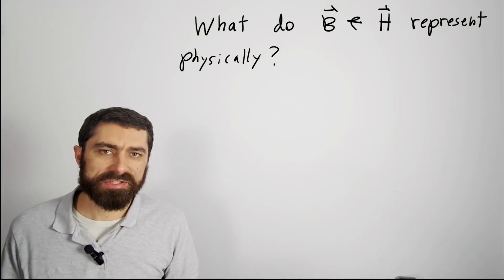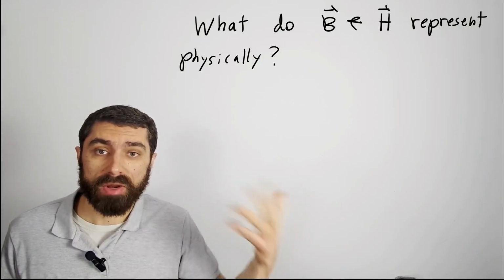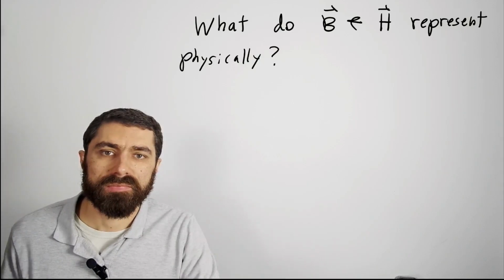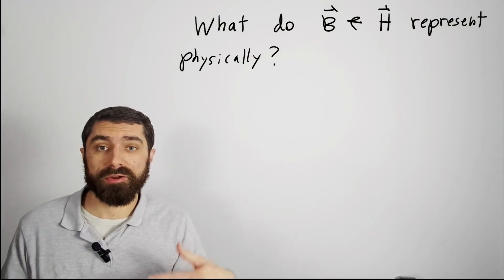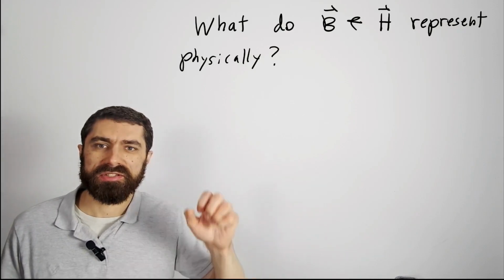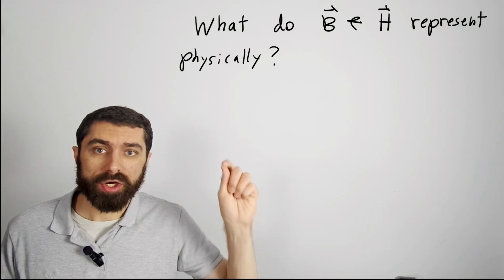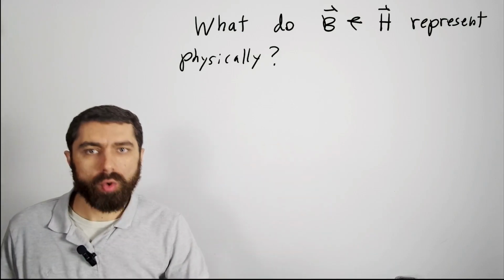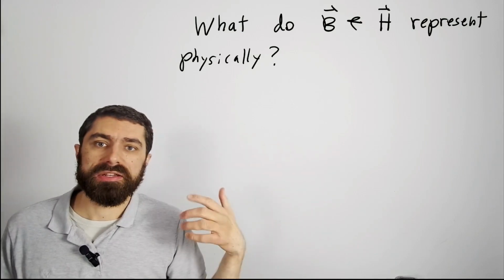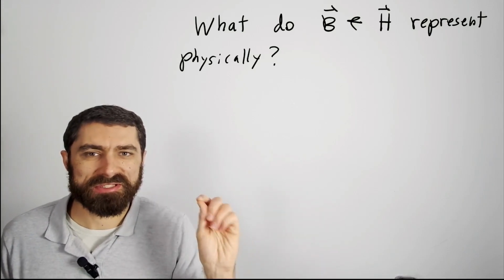But first, let's talk about what a magnetic field, or B and H, represent physically. If you recall when we talked about electric fields, what an electric field represents is the force that would be present on a charged particle if you placed it at that point. And it turns out that a very similar thing applies with magnetic fields, but it's a little bit different.